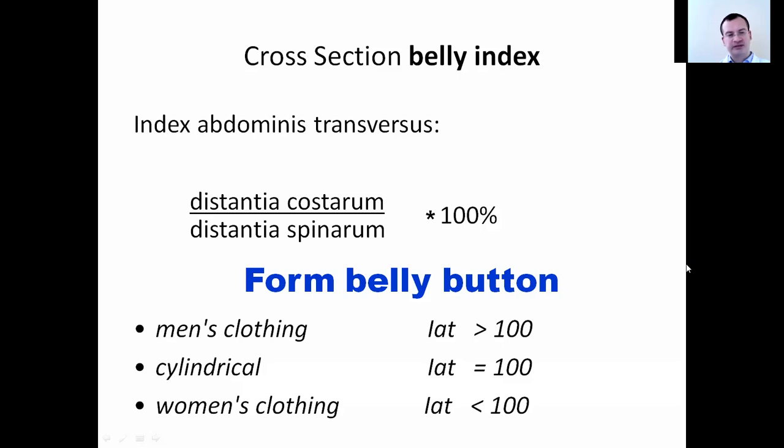Form of the belly: the male form, laterally more than 100, cylindrical. The female form, latitude less than 100.